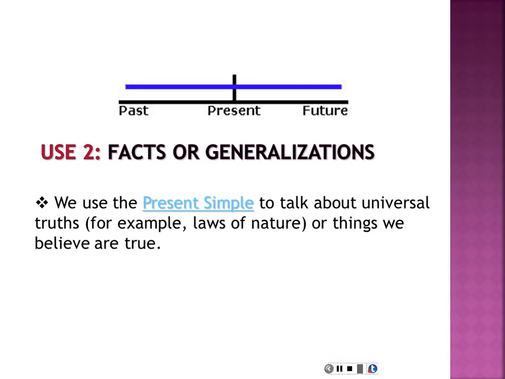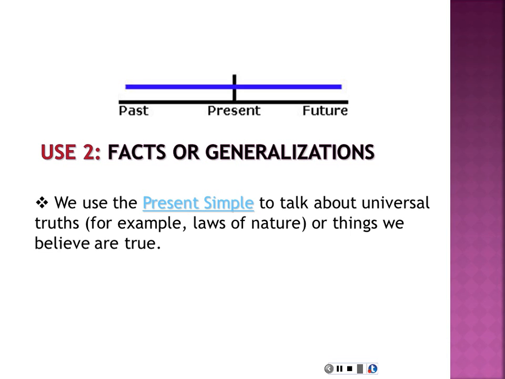So we use the simple present for such things, and we will have examples after a second. Or things أو أشياء we believe are true. أو أشياء نؤمن بأنها صحيحة. We believe are true. Maybe not all people believe they are true, but we believe that those things are true. يعني مو كل الناس ضرورة تؤمن إنها صحيحة, ولكن بعض الناس تؤمن بأنها صحيحة.